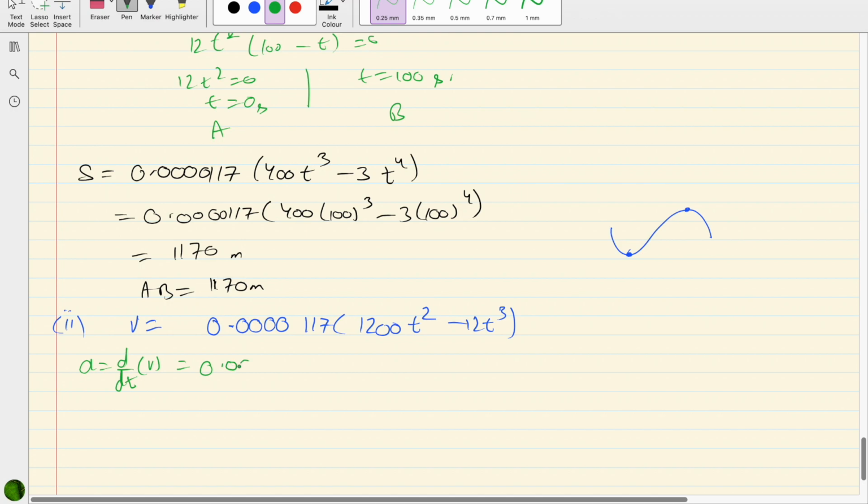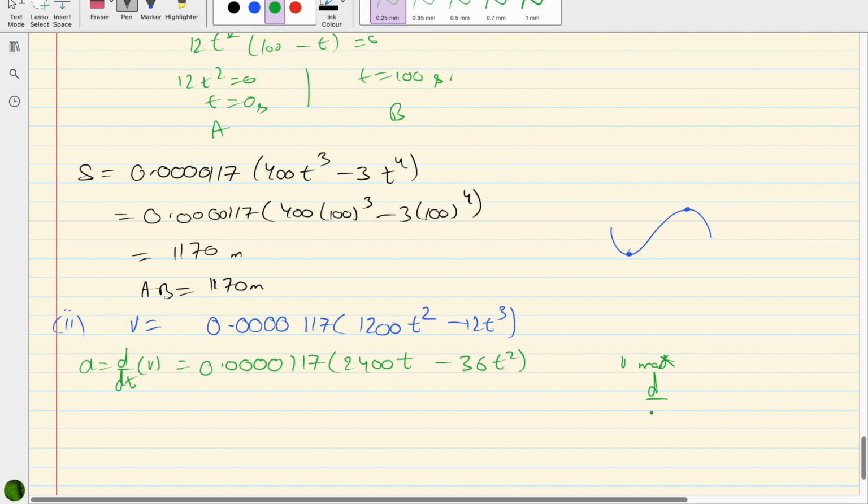So 1/117 times 12 into 2 is 2400 t minus 12 times 3 is 36 t square. And V max would mean dv over dt is equal to 0. Derivative 0. So 1/117 times 2400 t minus 36 t square.